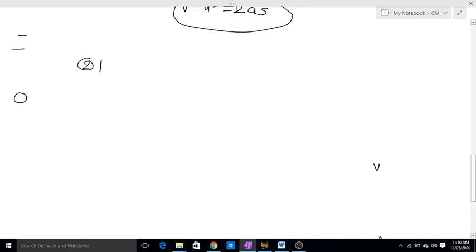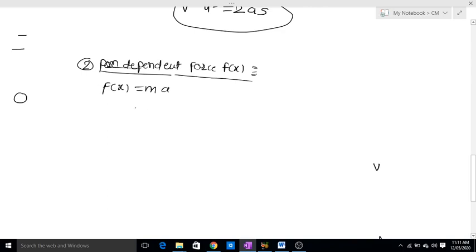Second, position dependent force, that is f of x. Okay. F of x equals m into a. Yes, I can write here instead of acceleration, dv by dt.